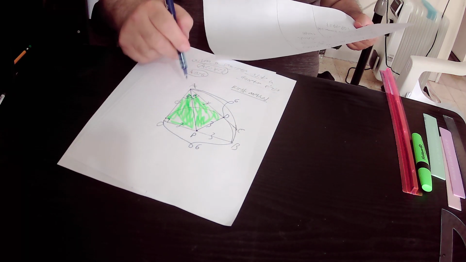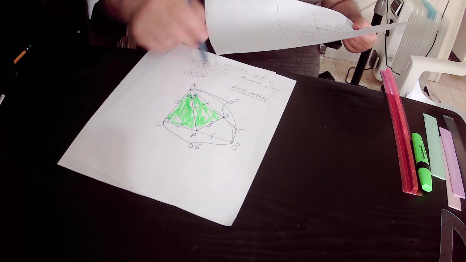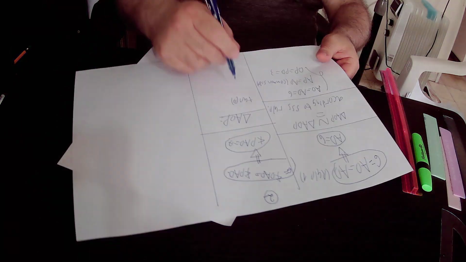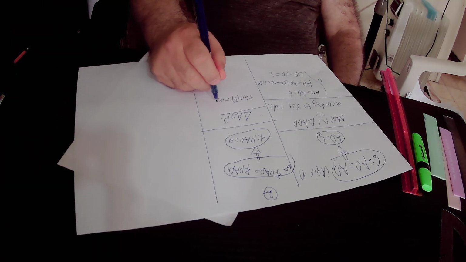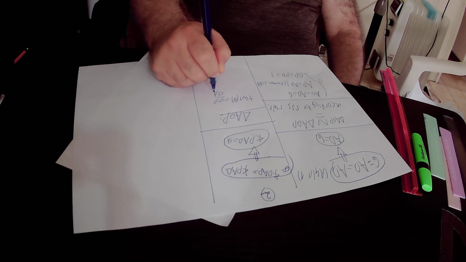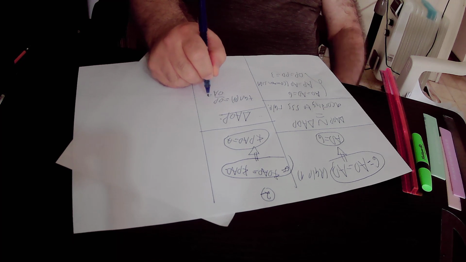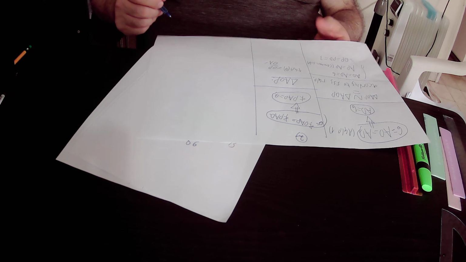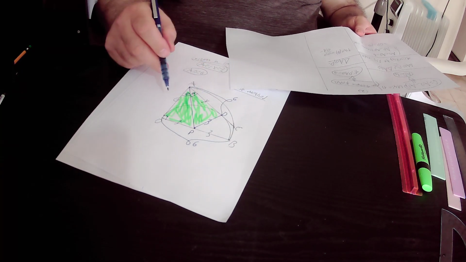In this right triangle, tangent theta equals OP over OA.